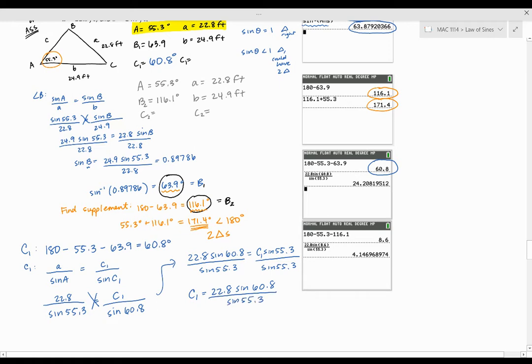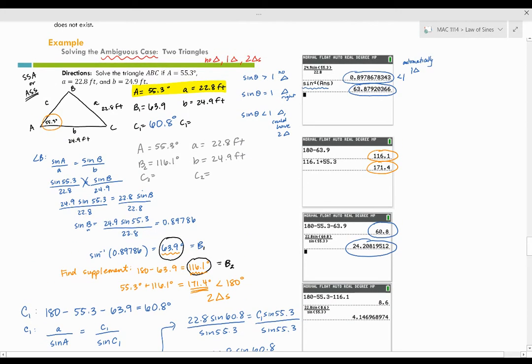When I plug that into the calculator, I get 24.2, and that's going to be in feet. So I can go up here and fill it in my table. Now we've officially completed triangle 1.